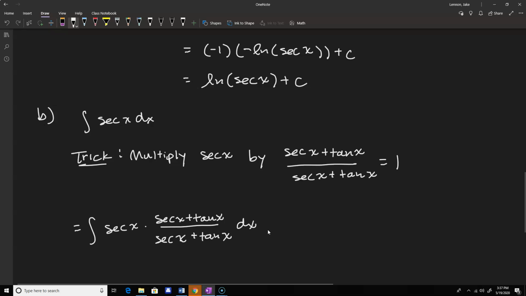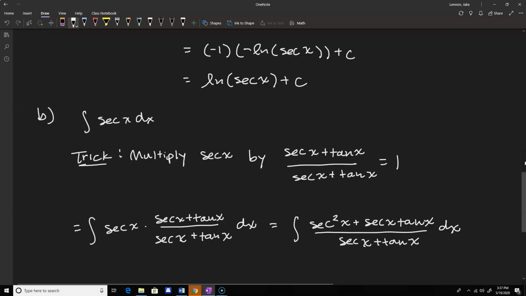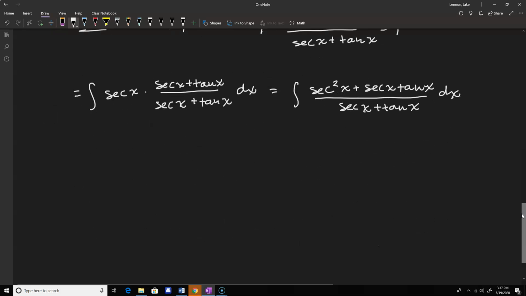And we can go ahead and distribute the secant of x through the numerator. So on top we get secant squared x plus secant x tangent x, and our denominator is just secant of x plus tangent of x. And then amazingly enough, you might see the substitution now that takes place.